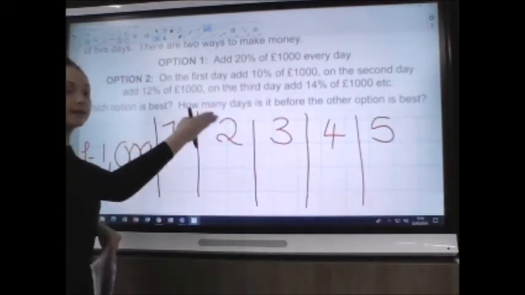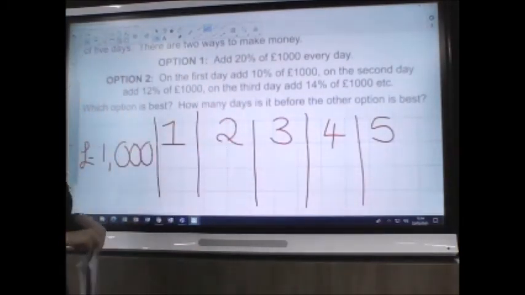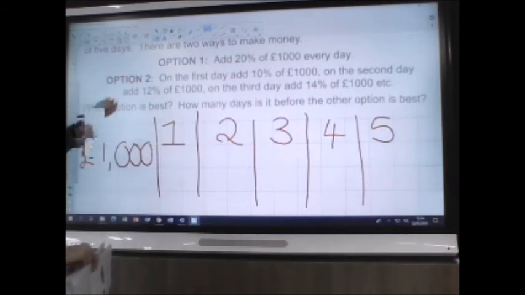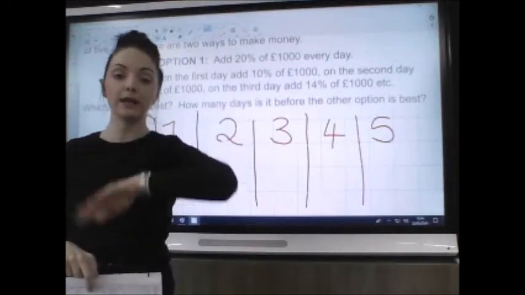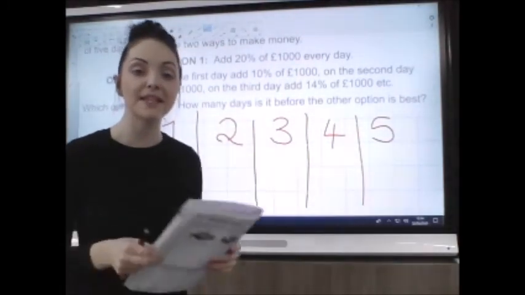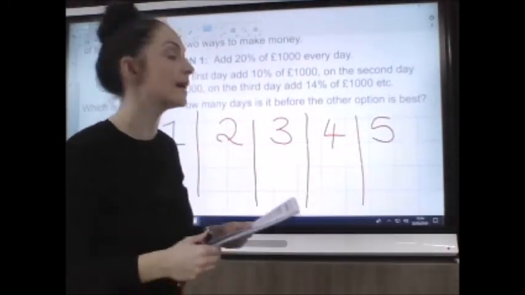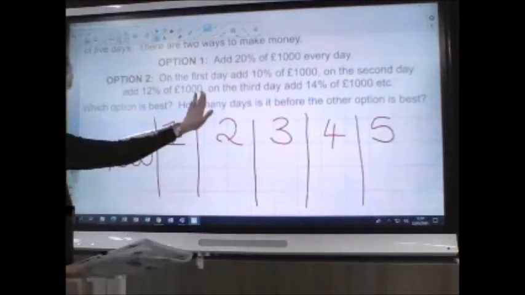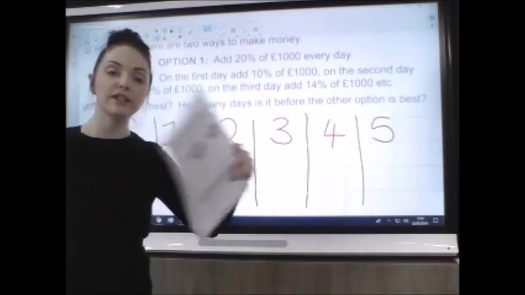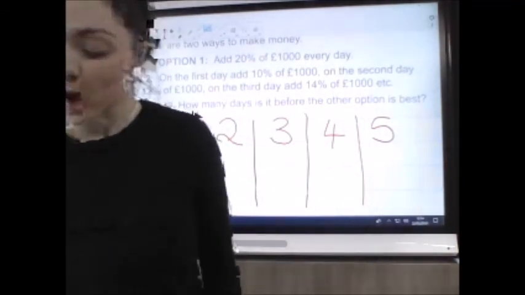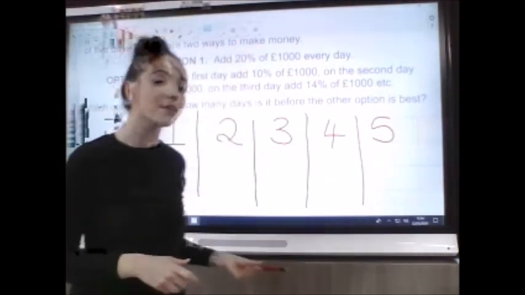So add it on and see what you would get each day. Okay, and then do the same for option 2. Draw yourself a table, add 10% the first day, add 12% the second day, and so on, and then see which option is best. And then, how many days is it before the other option is best? So when will it overtake? Okay, so have a go, try your best at those.